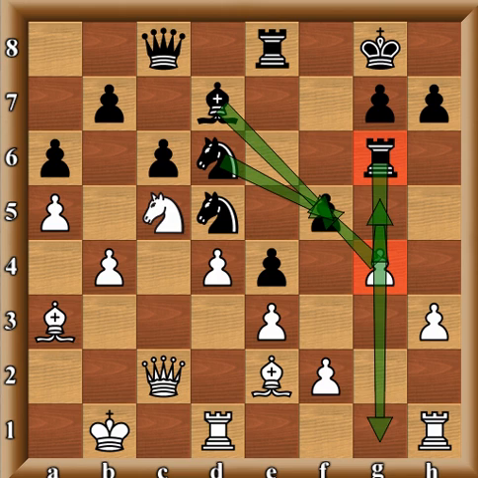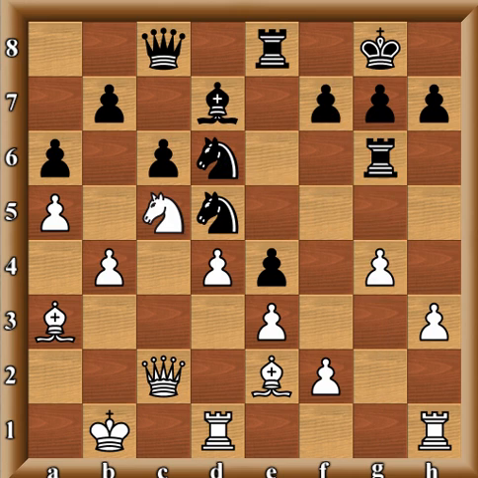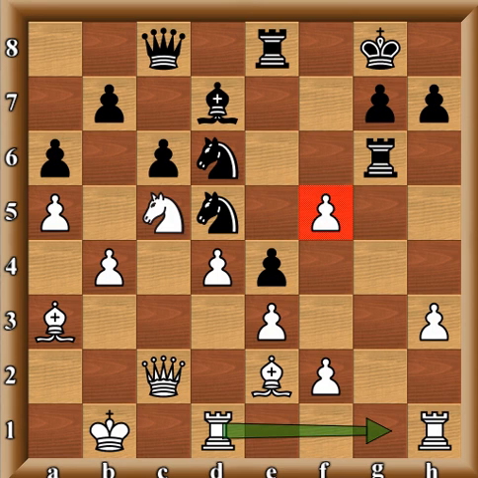But that gives black an easier time of it, because then white cannot attack on the king side. So Caruana decides to take the risk, and he opens up the g file, because really that's his only chance. He can't afford to keep it closed. And of course Anand knew this also.